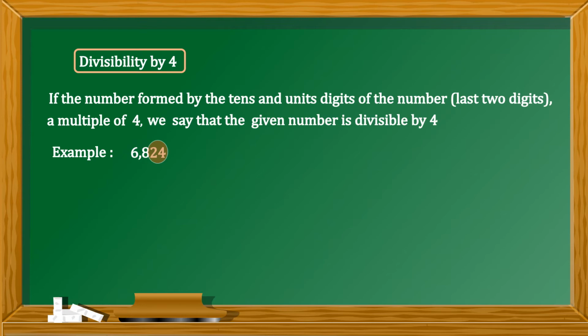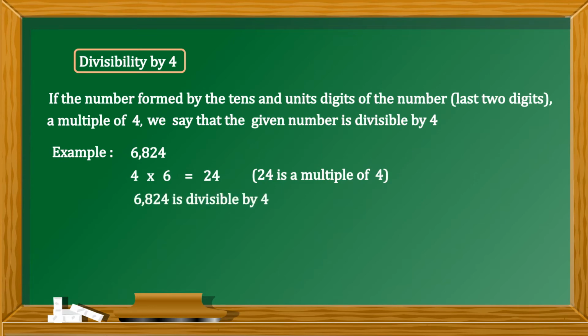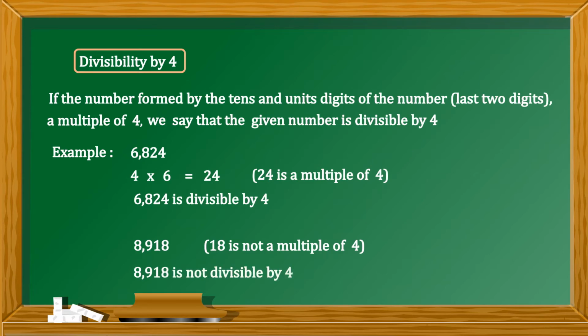The number formed is 24, and since 4 into 6 is equal to 24, we know that 24 is a multiple of 4, which means 6824 is divisible by 4. In the example 8918, the number formed by the last two digits is 18, and 18 is not a multiple of 4. Hence, 8918 is not divisible by 4.